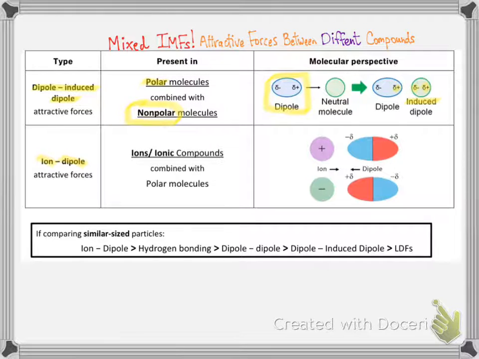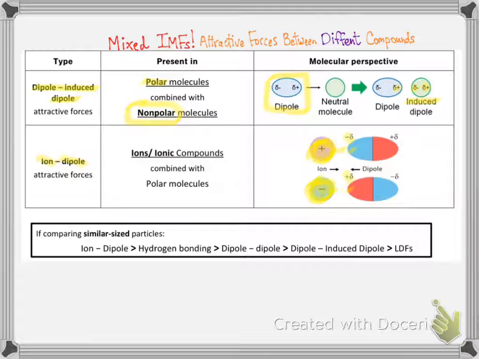And as you can imagine, if you have a full charge, that's going to be super attracted to that permanent dipole, that partial negative. So this attractive force is actually very strong, even stronger than hydrogen bonding, and it's because you've got a full charge on the ionic compound. So this is officially the strongest IMF, but it only occurs if you dissolve something ionic into something polar.